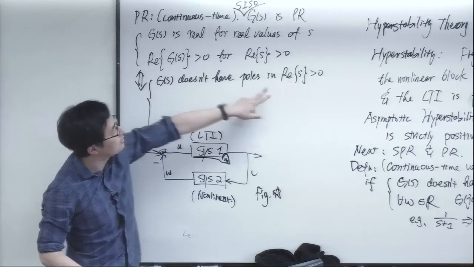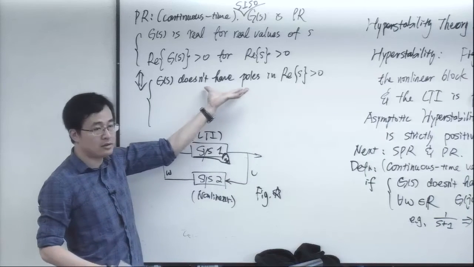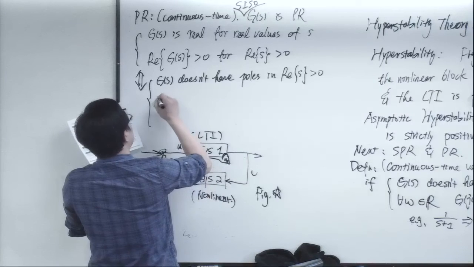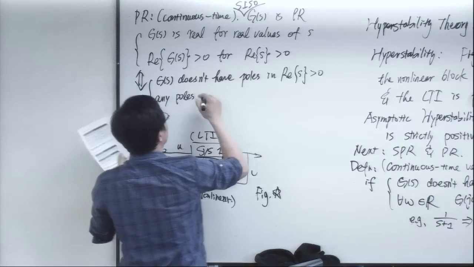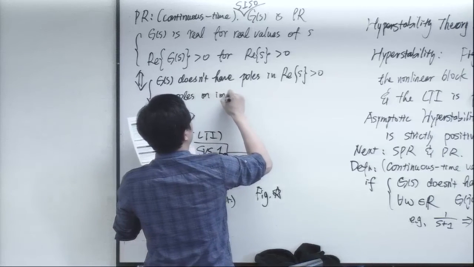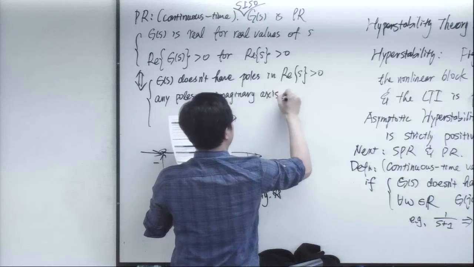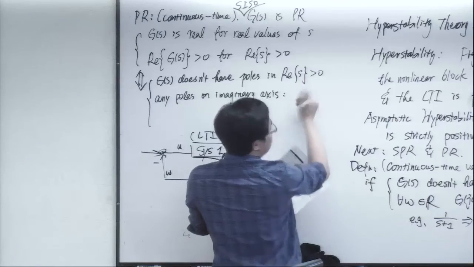It can have poles on the imaginary axis, so it can be marginally stable. But if it has any poles that are marginally stable, then they are simple poles.